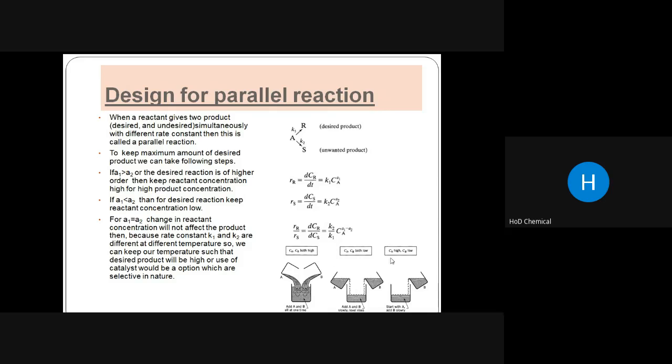And then the third case, the concentration of one component can be added in a high amount and another component can be added in low manner. So these are the three cases for improving the contacting patterns.